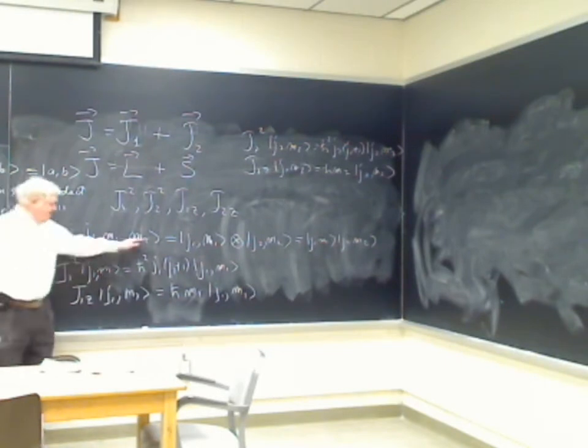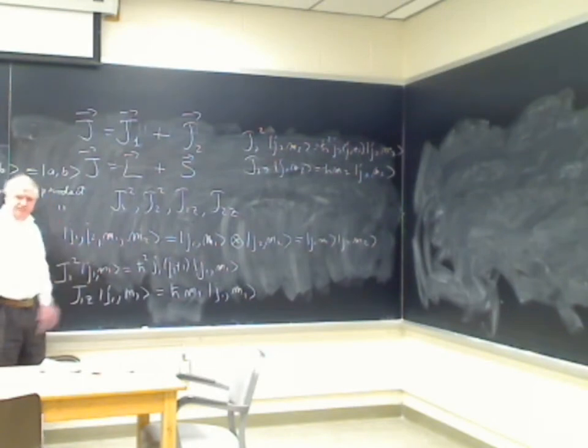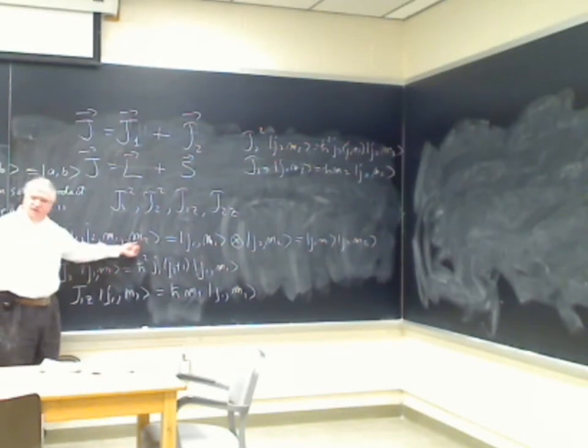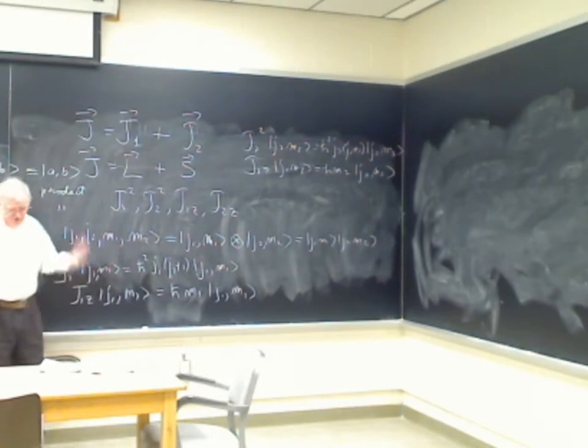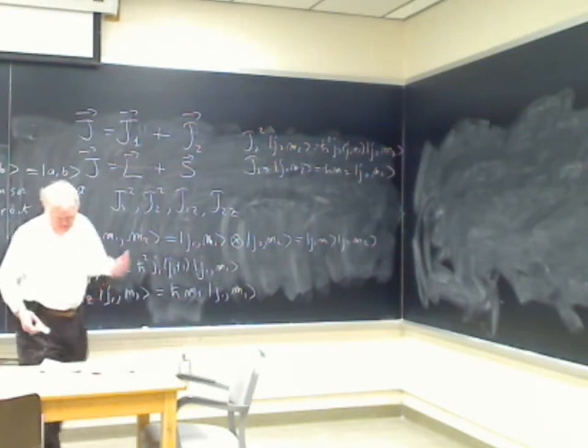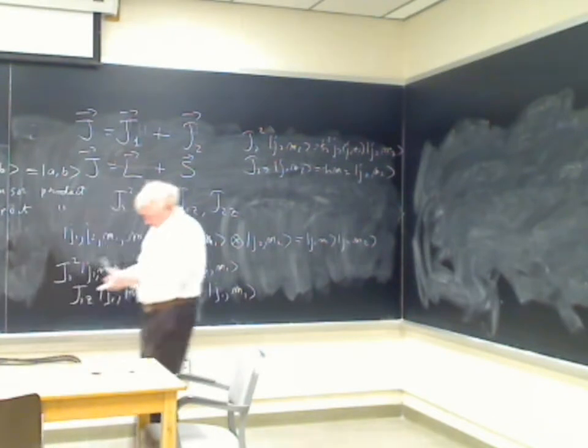So this can be a somewhat confusing notation. It's not confusing if you have J1, J2, M1, M2, but if you have 3, 2, 1, 0, then you're not sure whether that refers to J1, J2, M1, M2, or to another description of this space.